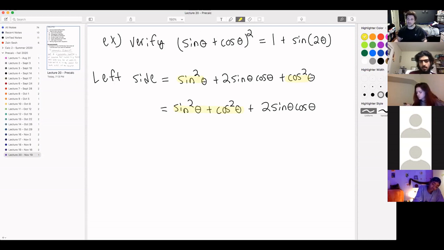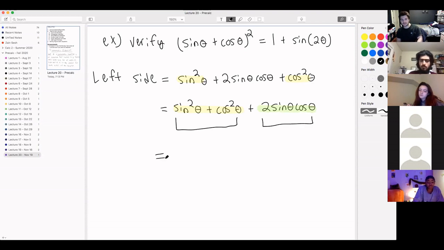Okay, so look at that. Let me maybe change the highlighter color here. And we have that. Okay, very good. So does anyone see how I can rewrite these two highlighted portions? This is something nice, and that is something nice.